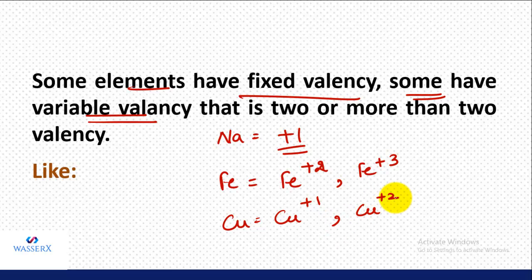So it is always preferred to say positive and negative instead of saying plus or minus. So what is the reason behind this variable valency? You will learn in higher standard.